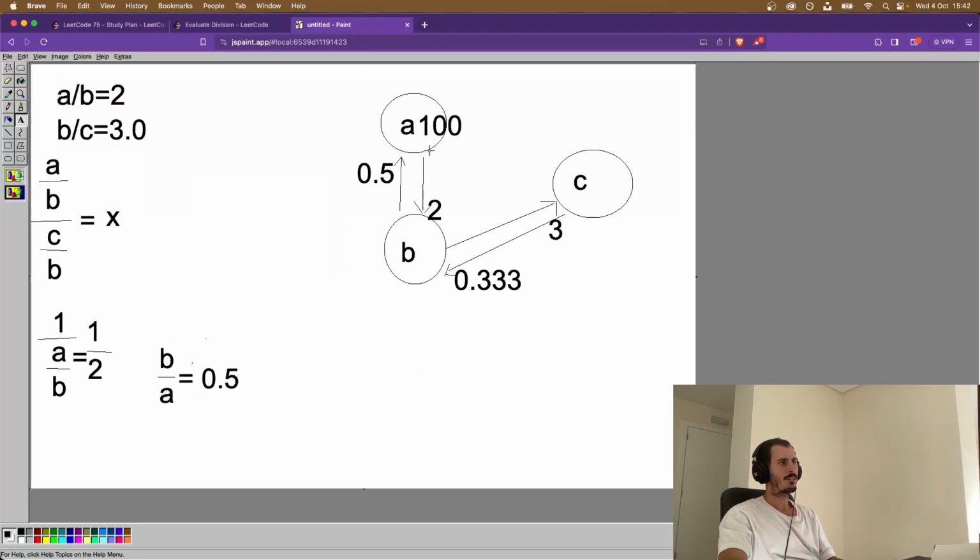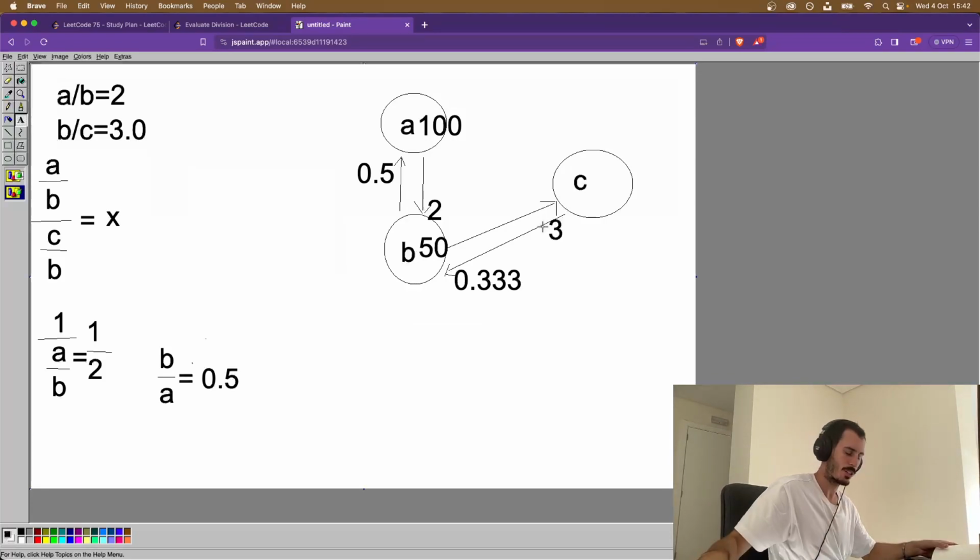And A divided by B is 2, so B must be 50, right? And 50 divided by C is 3.